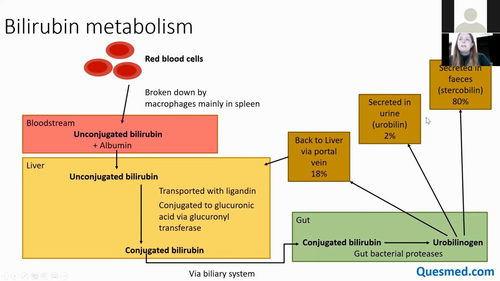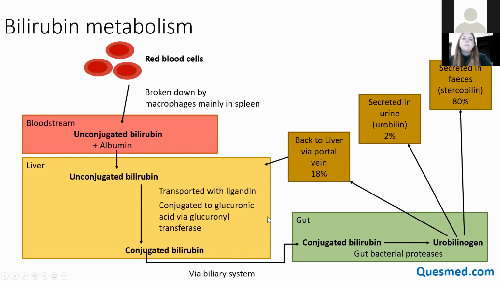And some of it doesn't end up in the bloodstream, it stays in the bowel and is excreted in the feces. And before this happens, it's turned into something called stercobilin. And stercobilin is what causes a brownish tinge to feces.